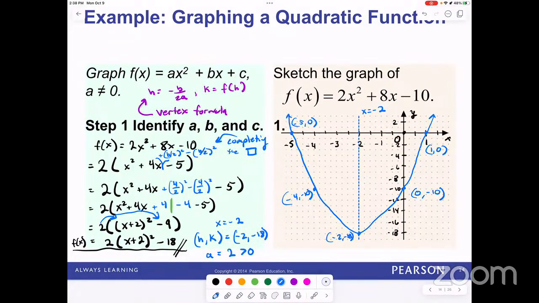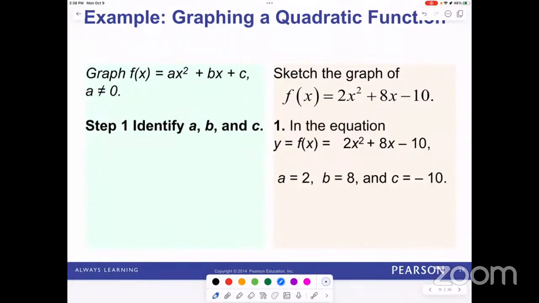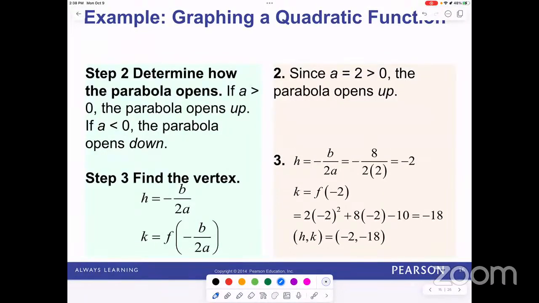Let me see. So I think they identify the A, B, and C, and they use the vertex formula, right? Since A was 2, which is positive, that means the parabola opened upward. And in item number 3, they use the vertex formula, H equals -b/2a.